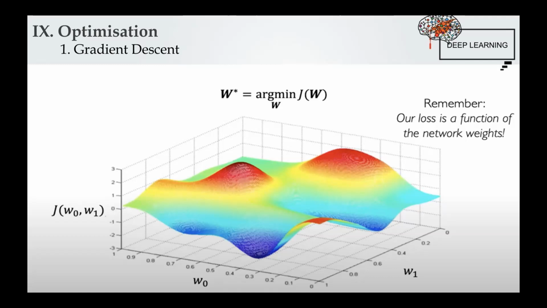C'est pourquoi on a pris 2 valeurs pour essayer de voir l'évolution de l'algorithme de gradient descente. On a W0 et W1, et en Z, on a la perte. On a essayé beaucoup de valeurs de poids pour tracer la fonction de perte. Le but, c'est de minimiser cette fonction.